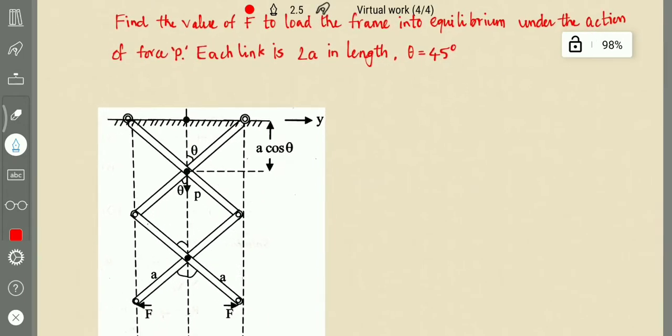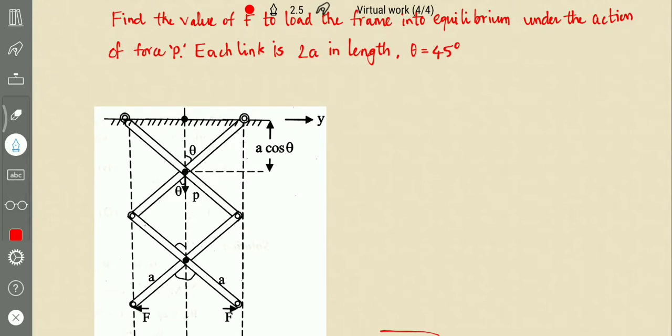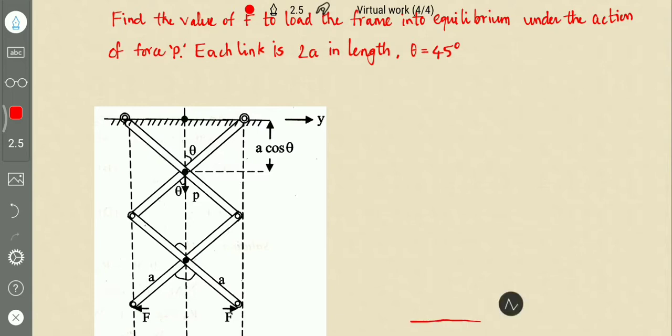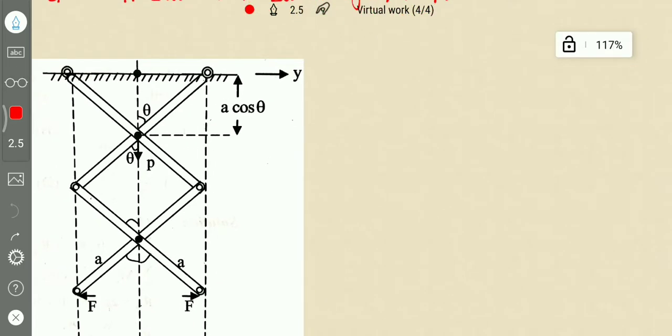So this is the one. Find the value of F to keep the frame in equilibrium under the action of force P. Each link is 2a in length, and the angle theta is 45 degrees.